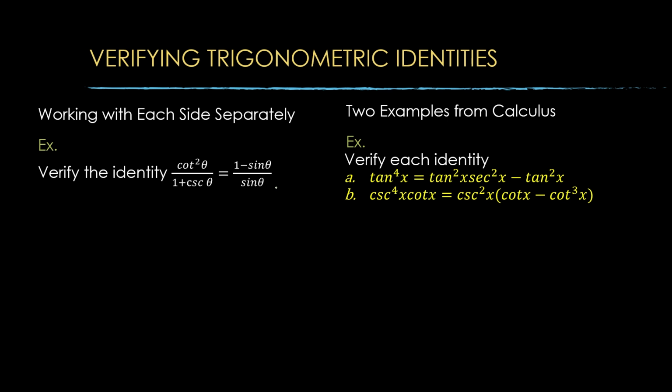Normally, from the guidelines or tips that we've discussed earlier, we try to focus on one side of the equation, then from there we try to prove that these two identities are equal. But there are times that you need not necessarily focus on one side of the equation. You may also have to manipulate or simplify the other side in order to find out that they are the same.